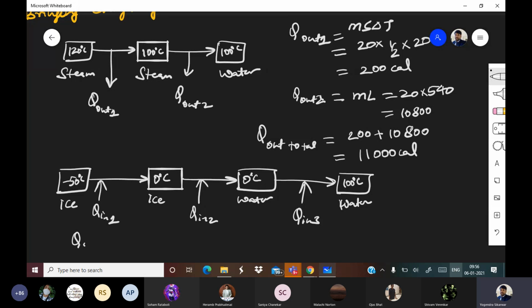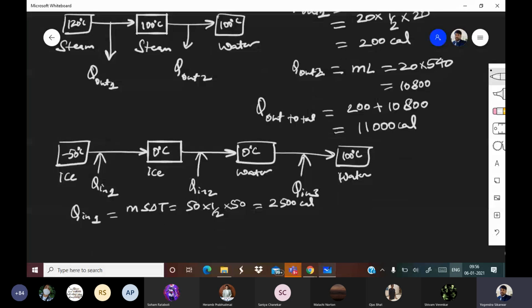So Q in 1 is equal to m s delta T. M is 50, S is half, and delta T is 50. So that comes out to be 2500 calorie.